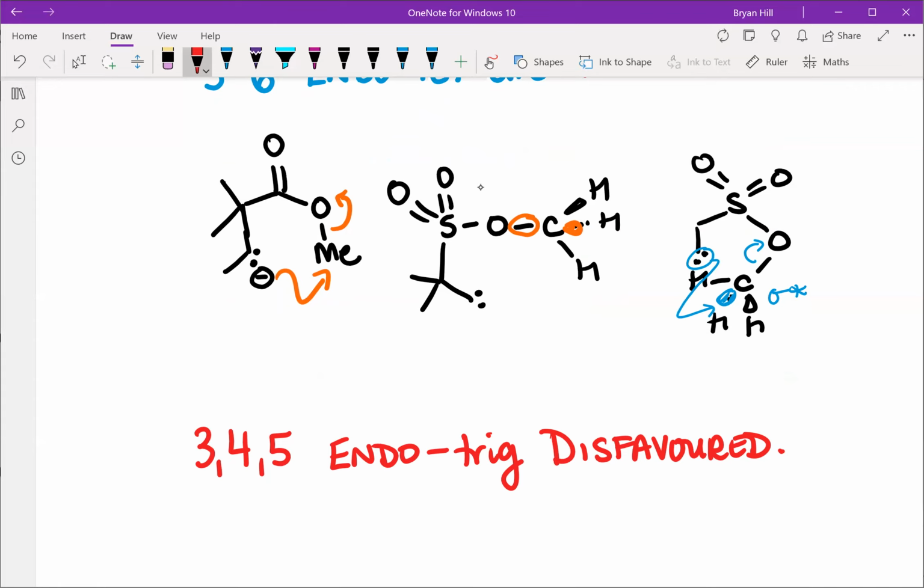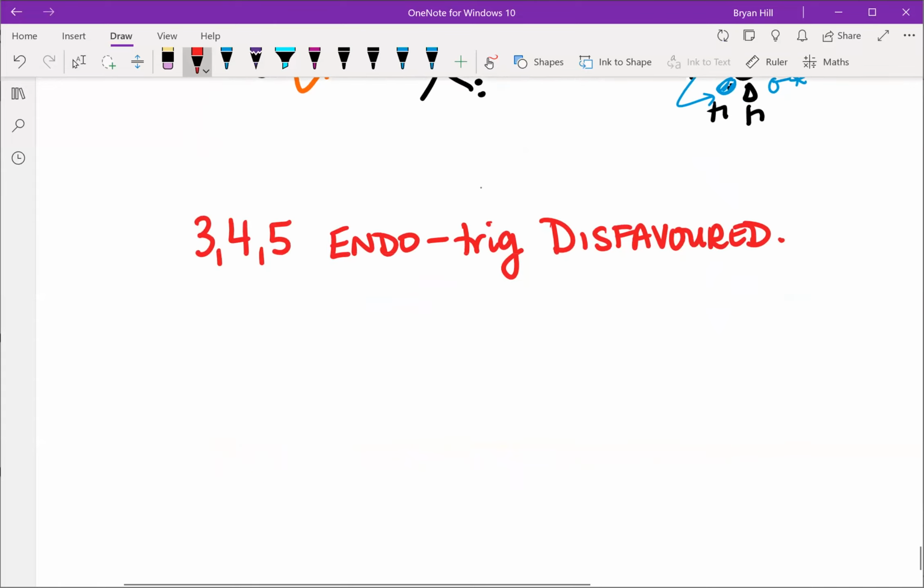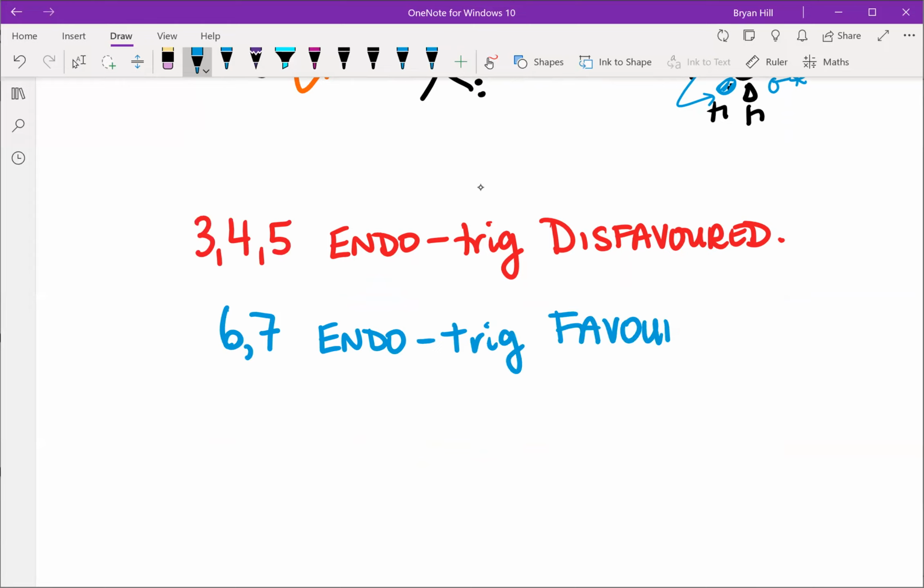But these ones are all disfavored. But conversely, 6 and 7 are favored. Once you get the ring system slightly bigger, they become kinetically favored. So 6 and 7 endo-trig are favored.